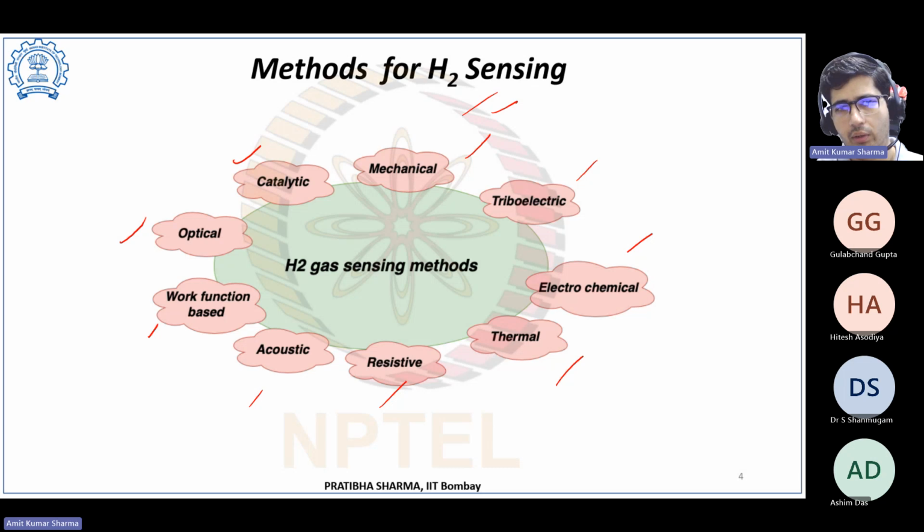Each route has its own method or mechanism, and its own pros and cons. So we need to decide the correct sensor according to our process and the limitations that we have in our process. Now we will go through them one by one.